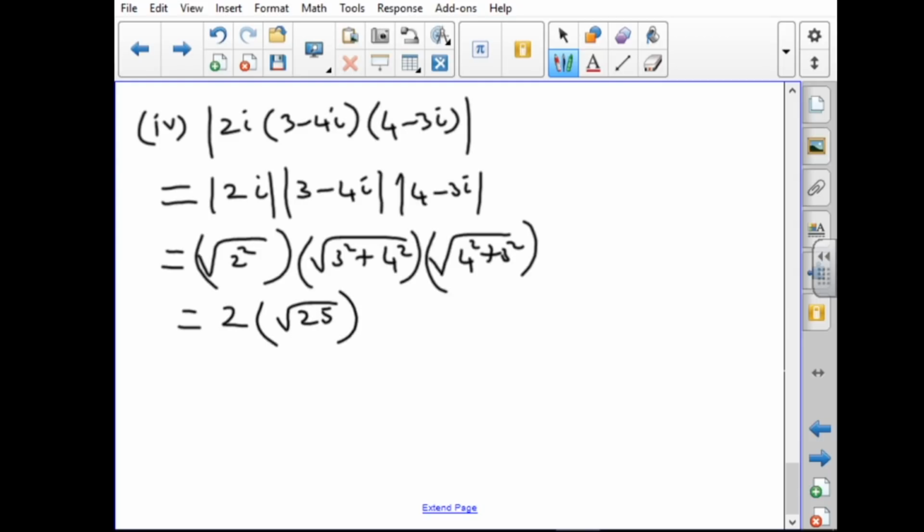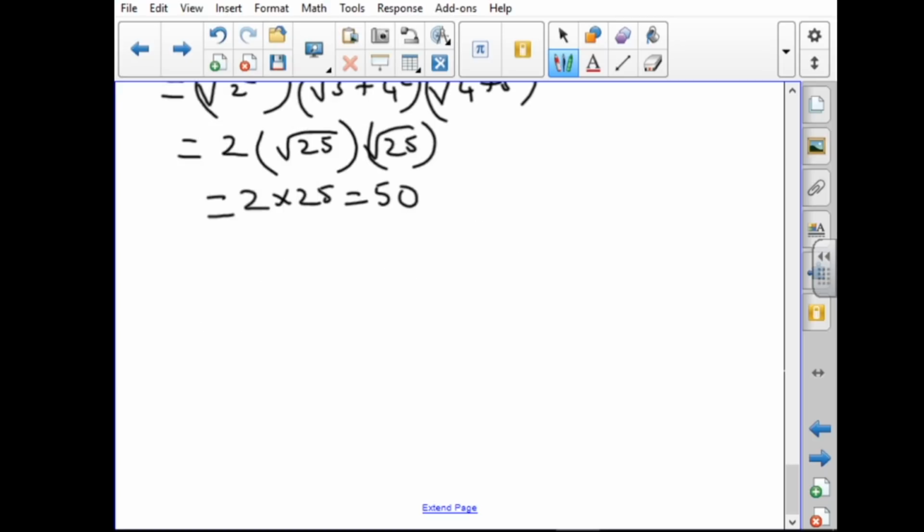This is 16 plus 9, so again it is root 25, and 2 into root 25 into root 25 is 2 into 25, which gives you 50. So the first one can be taken for homework. Now coming to the second question.